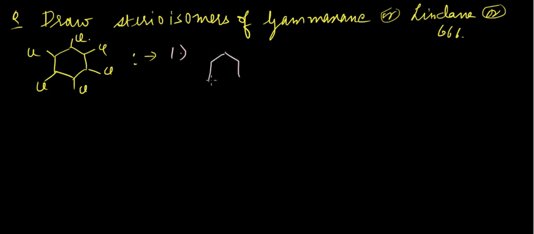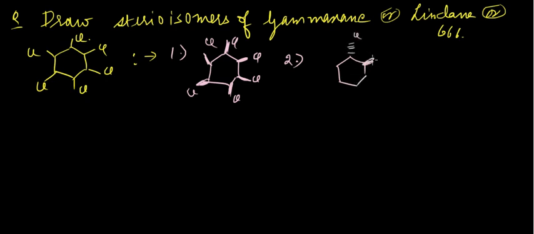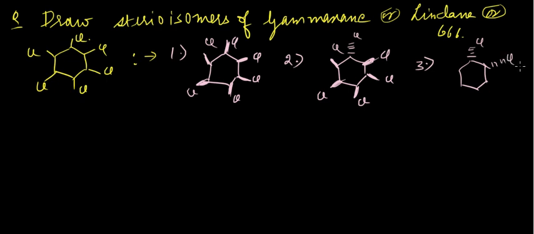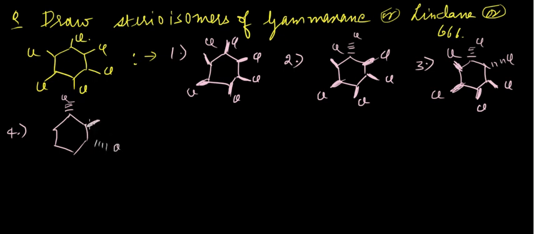So stereoisomers can be, one would be all above the plane, second would be all except one are above the plane, third would be all except two are above the plane, fourth example would be change in position of the chloro atoms which are not above the plane.